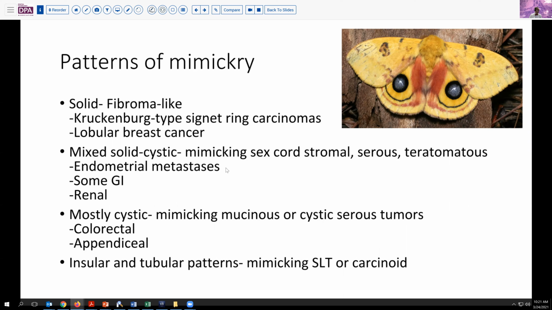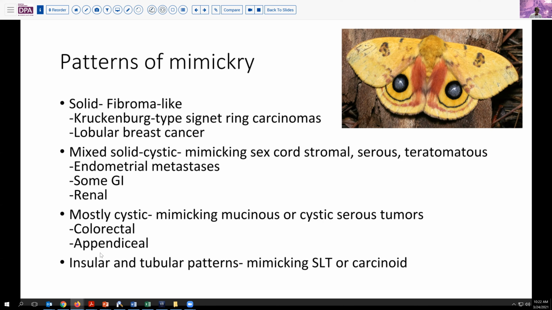And that can include metastasis from other gynecologic sites like the endometrium, as well as some GI sites and renal tumors. And then the mostly cystic tumors that can be particularly difficult in the mucinous category, less so in the serous type lesions. And these usually are confined to differentiating the colorectal and appendiceal lesions.